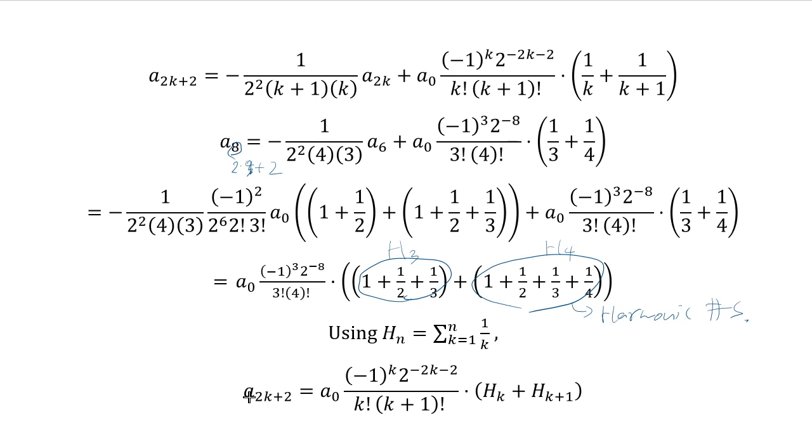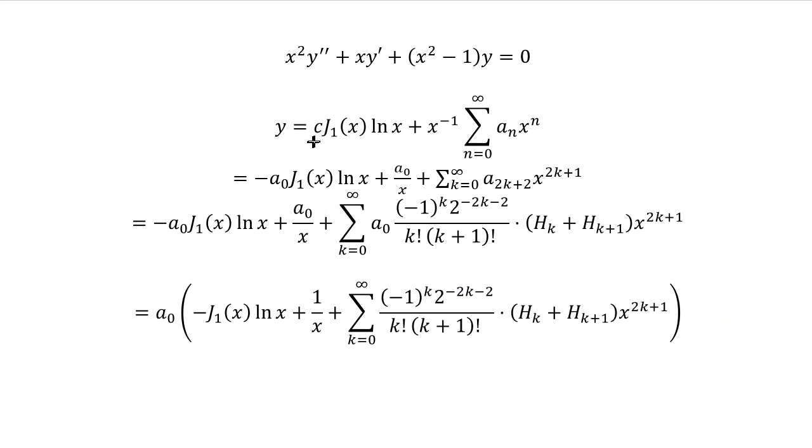You can see that for a2k plus 2, the general pattern is this, where hk and hk plus 1 are harmonic numbers. Okay, so that's great, because now I figured out what ak plus 2 is for any k, which means now I can go back and plug in all the known things and get the solution.